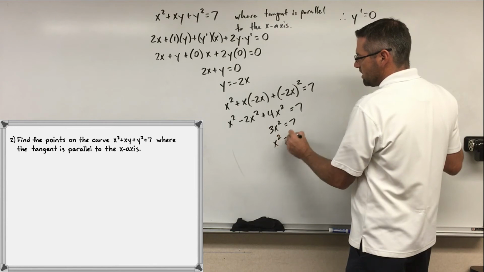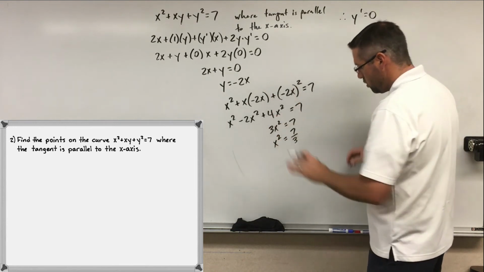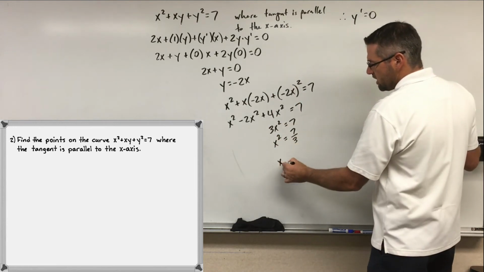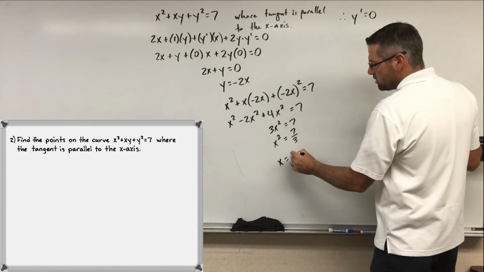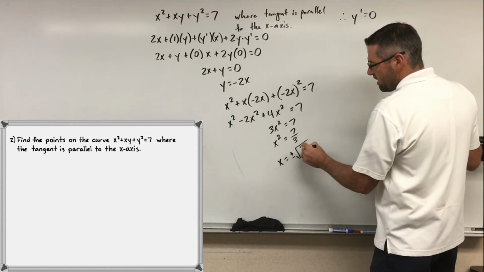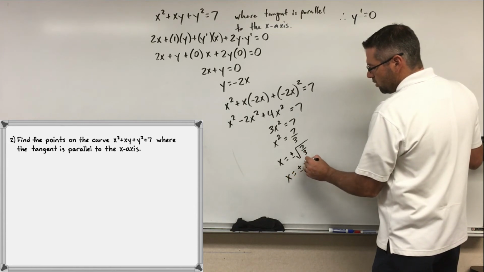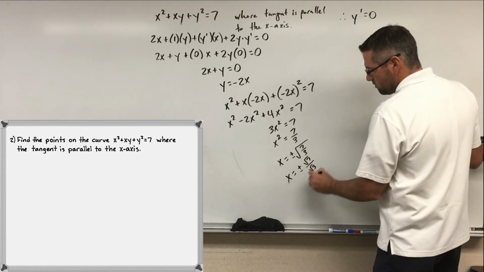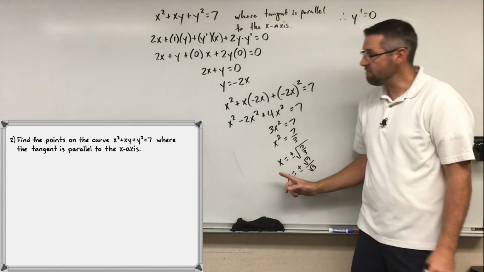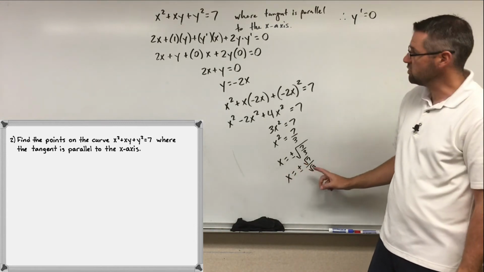X squared equals 7 over 3. There is no domain restriction here, so when I square root this, I get x equals plus or minus radical 7 over 3, or x equals plus or minus rad 7 over rad 3. Okay? So now I found my x values for where this is true.